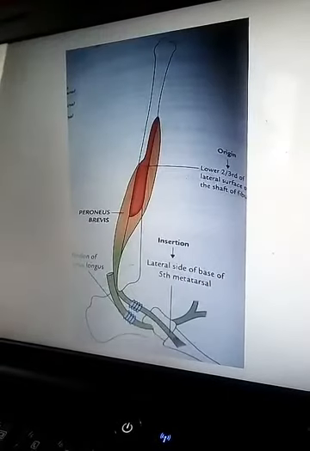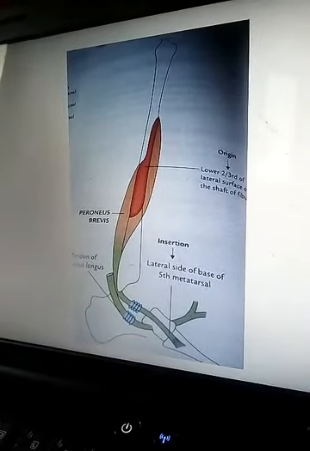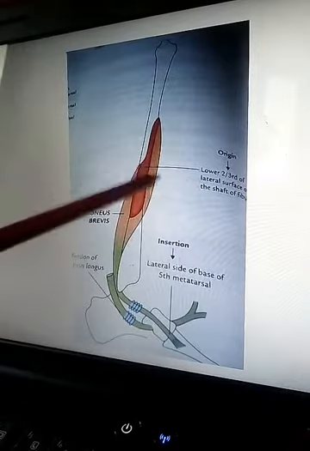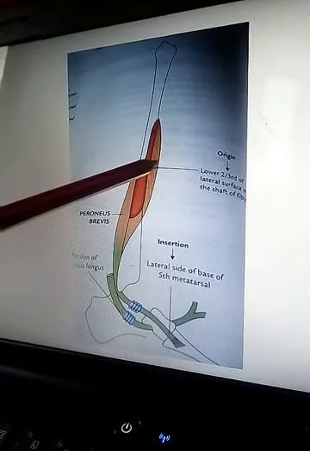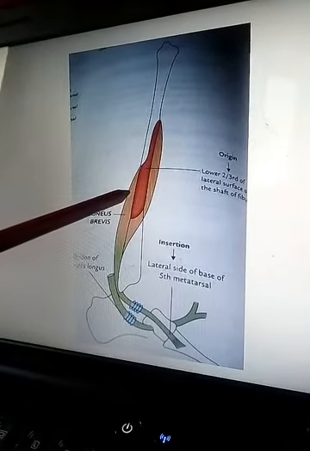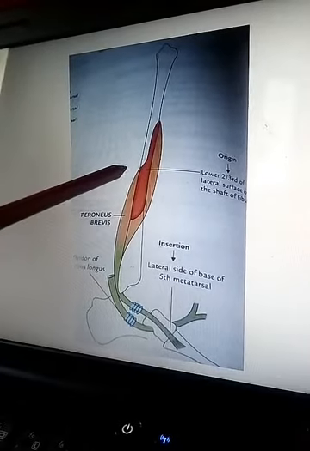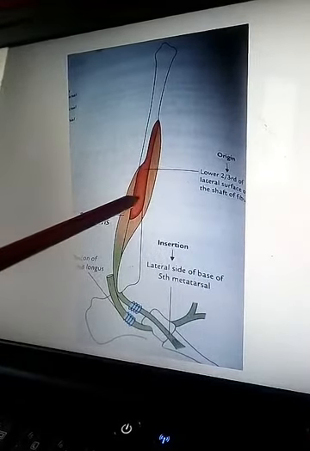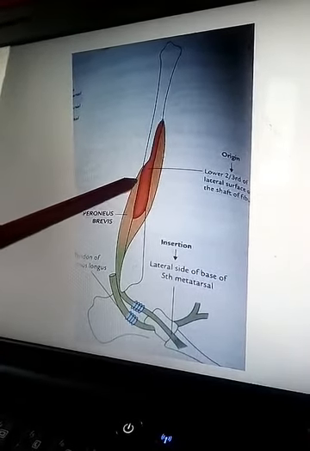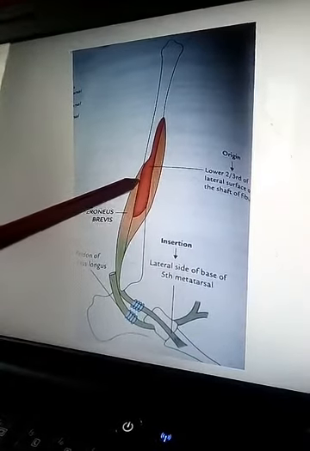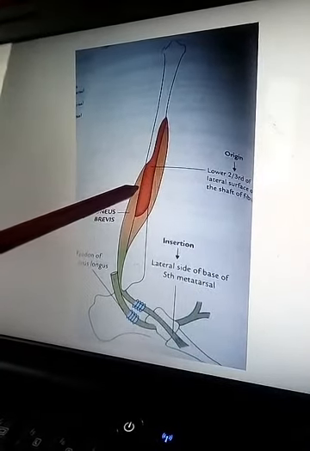Now, Peroneus brevis muscle. It is a fusiform bipinnate muscle and lies deep to the Peroneus longus. It arises from the lower 2/3 of the lateral surface of the shaft of the fibula and also from the anterior and posterior intermuscular septa.